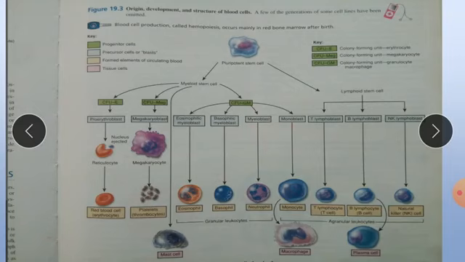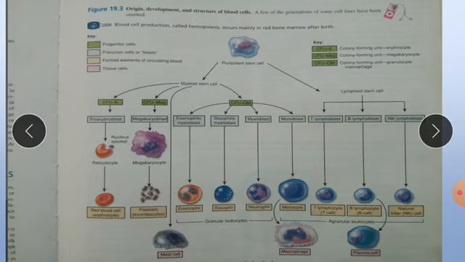Over several cell divisions, they develop into the actual formed elements of blood. For example, monoblasts develop into monocytes, eosinophilic myeloblasts develop into eosinophils, basophilic myeloblasts produce basophils, and myeloblasts produce neutrophils. Like this, they will produce each and every cell.